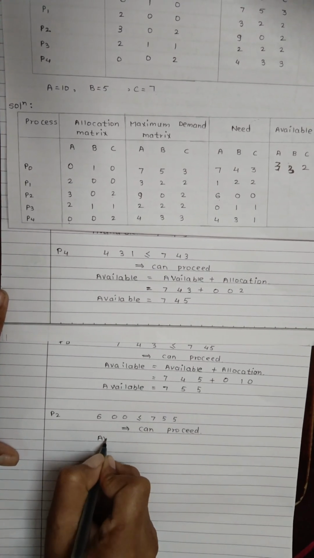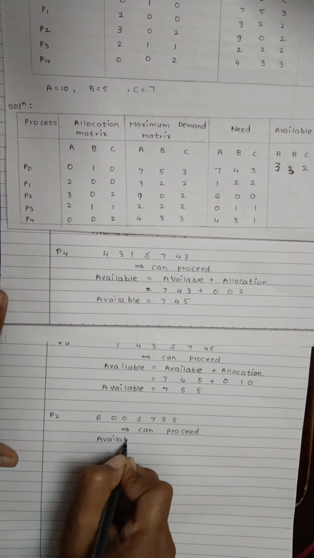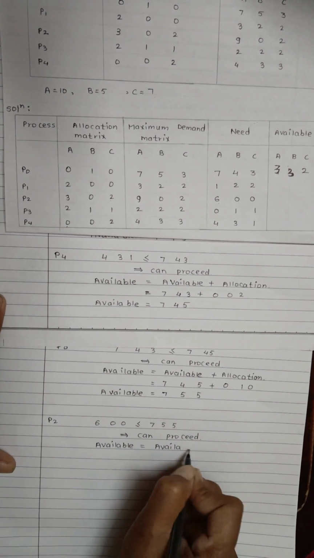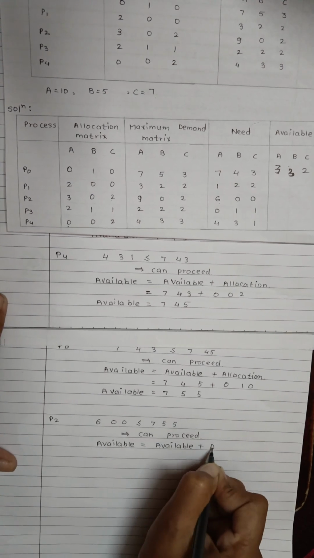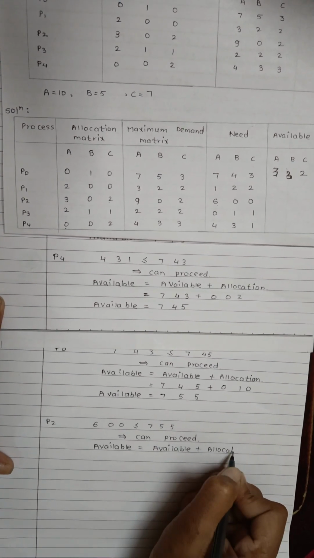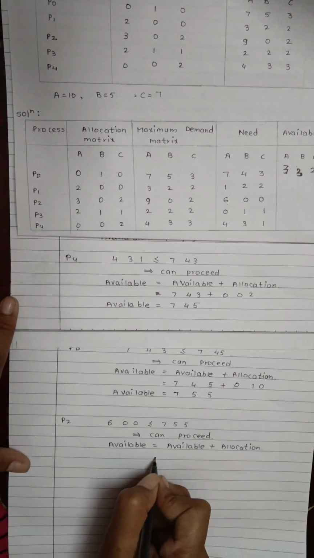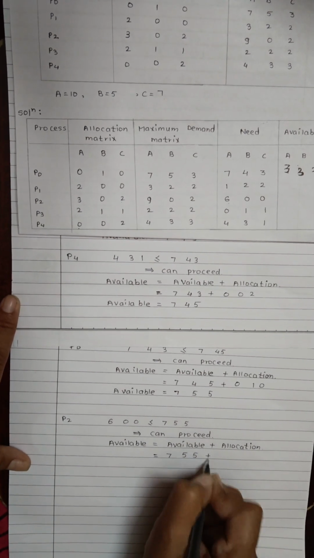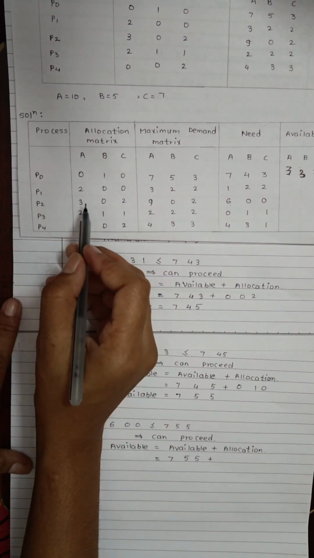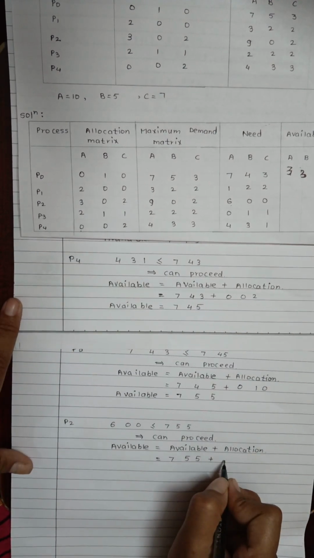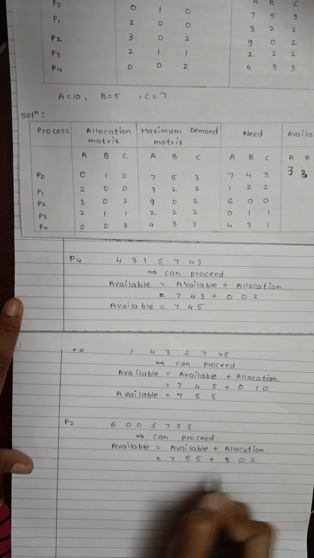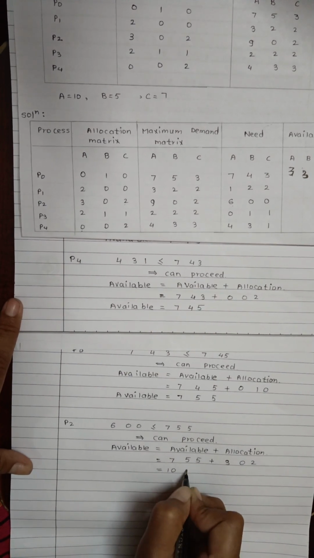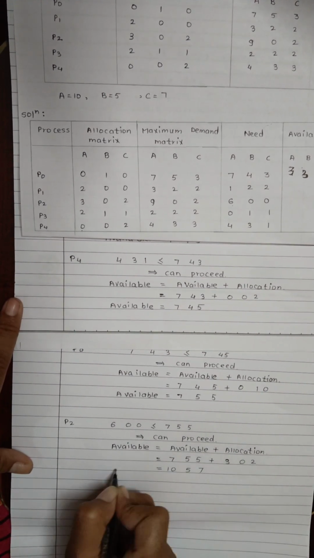So available is equal to available plus allocation. Here available is 7 5 5 plus the allocation for P2, which is 3 0 2. Add 7 5 5 plus 3 0 2, that is 10 5 7.